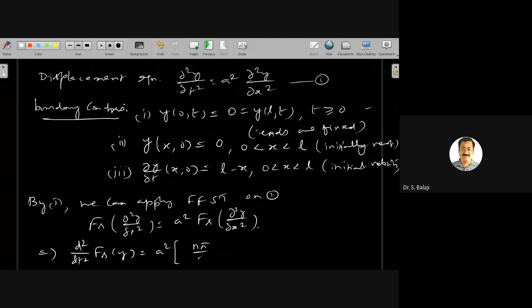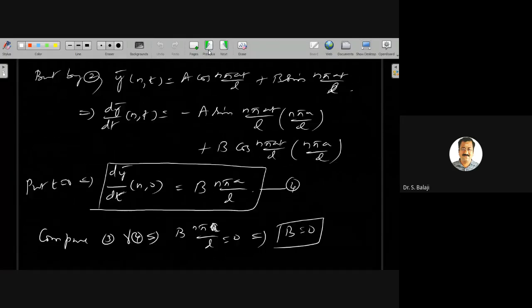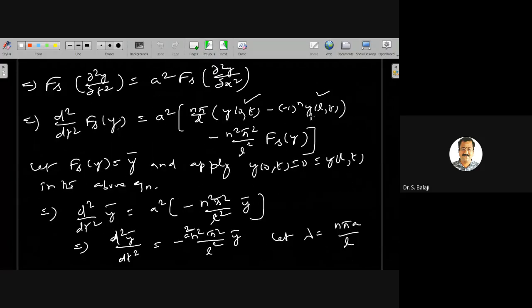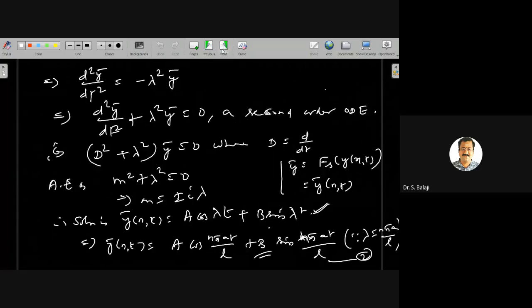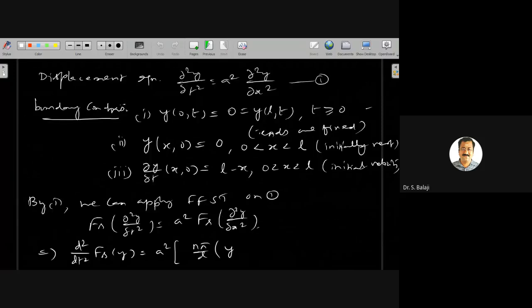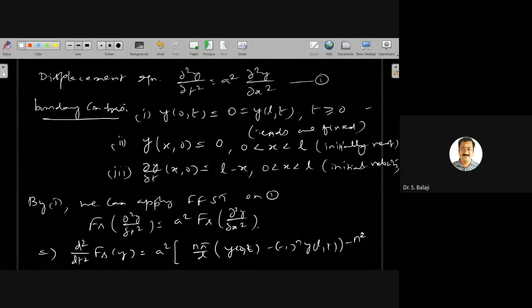The right side is n pi by L, because of the sine transform, times y of 0 comma t, minus n square pi square by L square Fs of y, minus the term with minus 1 whole power n times y of L comma t, minus n square pi square by L square Fourier sine transform of y.